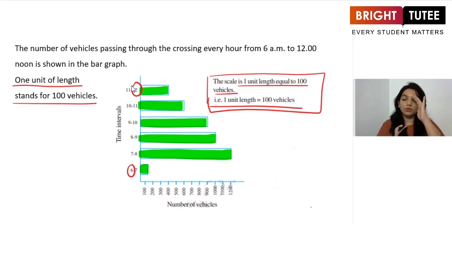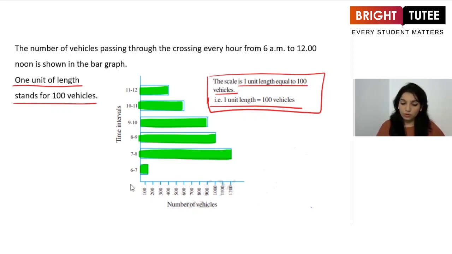So each bar is representing 1 hour here. So 6 to 7, 1 hour. 7 a.m. to 8 a.m., 1 hour. 8 a.m. to 9 a.m., 1 hour. And so on till you reach 11 a.m. to 12 noon. So I hope this part is clear how we are using these bars to represent the traffic, right? We are showing how many vehicles are passing in every hour.